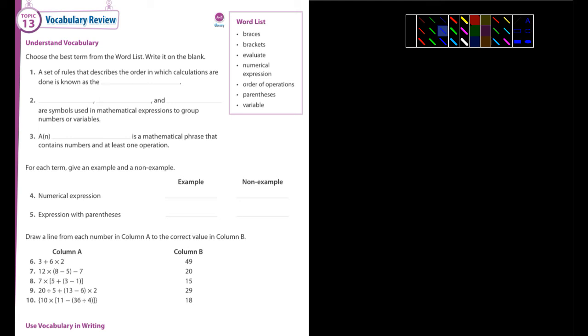And that would be numerical expression for number 3. Let's see here. For each term, give an example and a non-example. You know what? I'm not really worried about the non-examples. But you guys can give me an example of a numerical expression and an expression with parentheses.